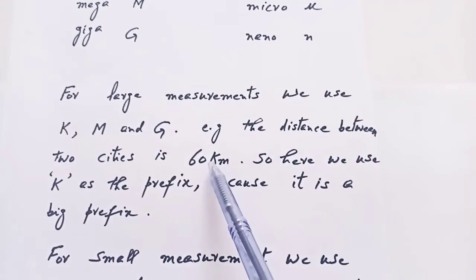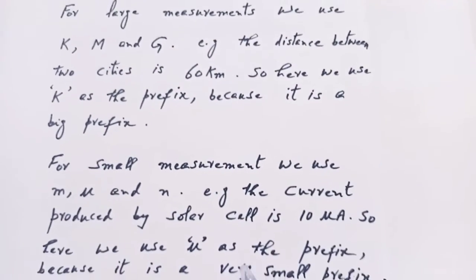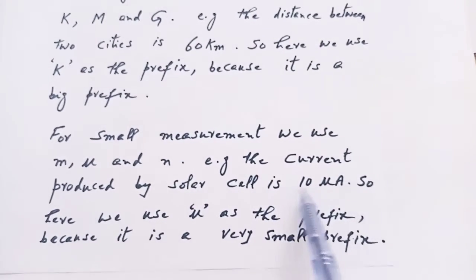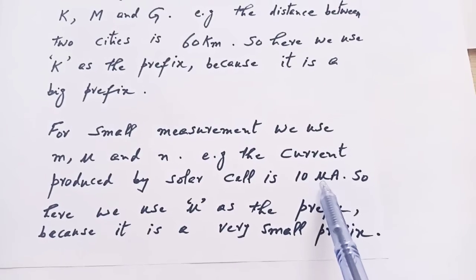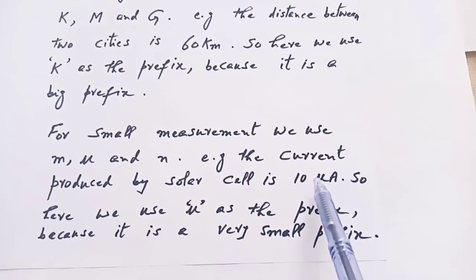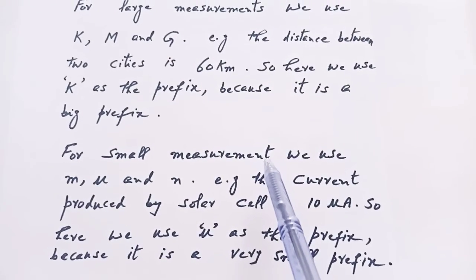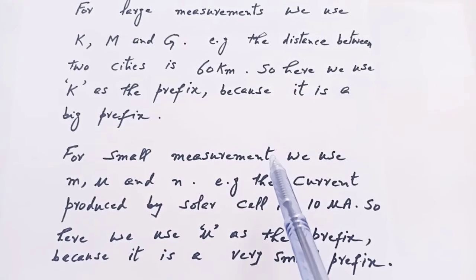Here we use kilo as the prefix. And for small measurements, for example, the current produced by a solar cell is 10 microampere. So here we use micro as the prefix. This is a small prefix. So for large measurements we use big prefixes, and for small measurements we use small prefixes.